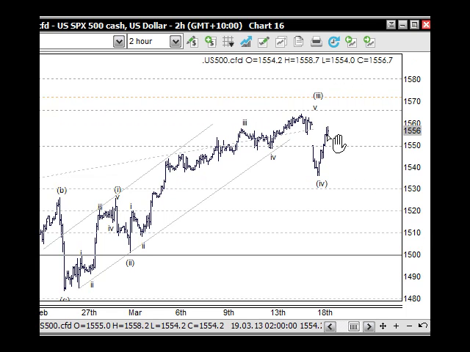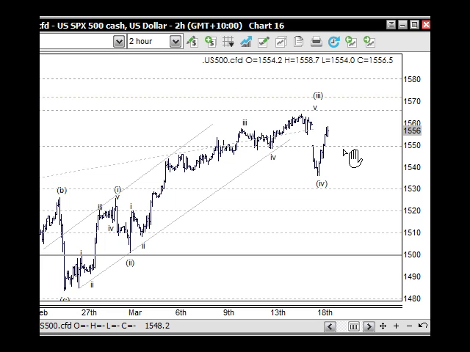This little move up through here, we'll look at this being in 5 waves: the 1, the 2, the 3, the 4, and the 5. So up at the 1560, then we'll see a 3-wave counter trend coming back, and then we'll look for further upside. But of course, this is covering the gap here, and this trend up through here will need to be retesting back into here somewhere before there's further upside.